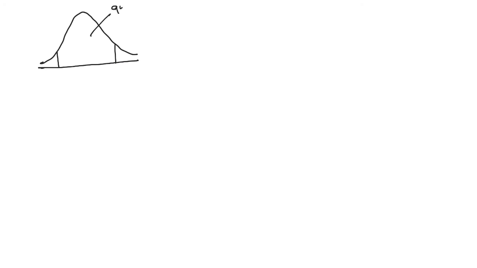So this is 95%, that is 0.95, area is 0.95. So the sum of these two areas will be 5%. These two are of the same area, so the area on the right side of z alpha over 2 is 5% divided by 2, that is 2.5%. So the area in decimal is 0.025.